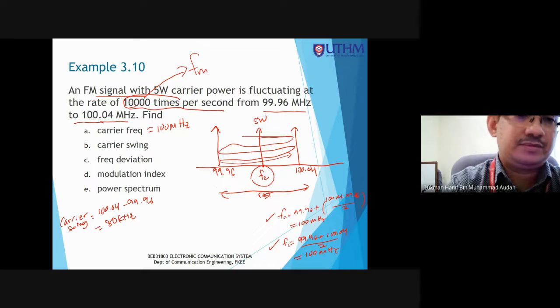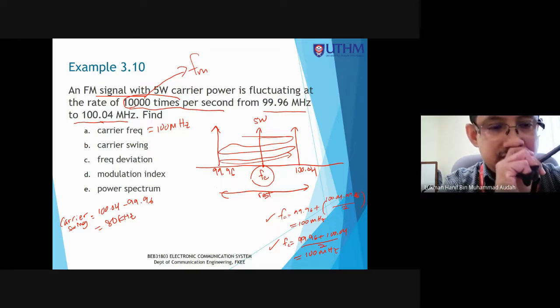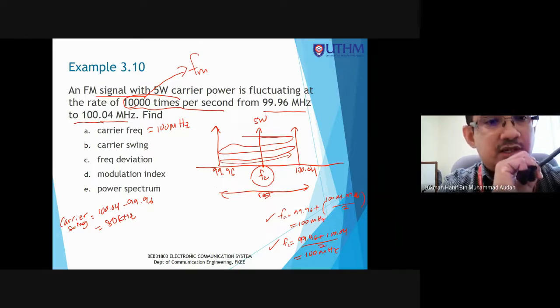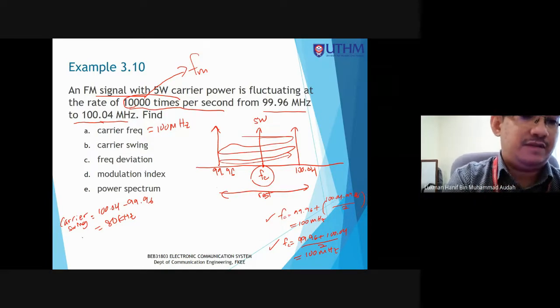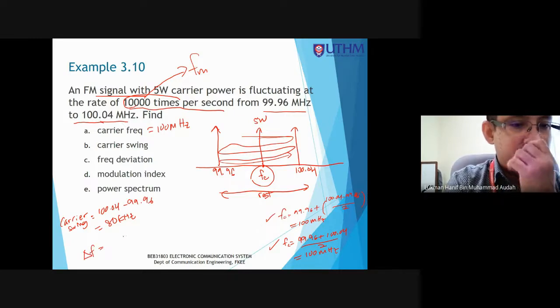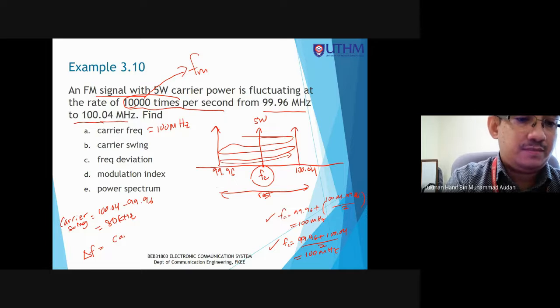And then what? The question asks frequency deviation, delta F. Delta F is equal to carrier swing divide with 2.